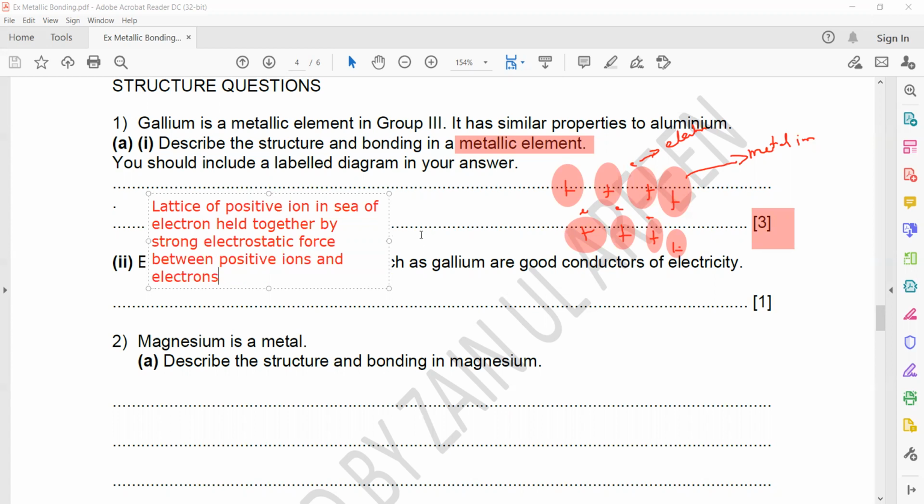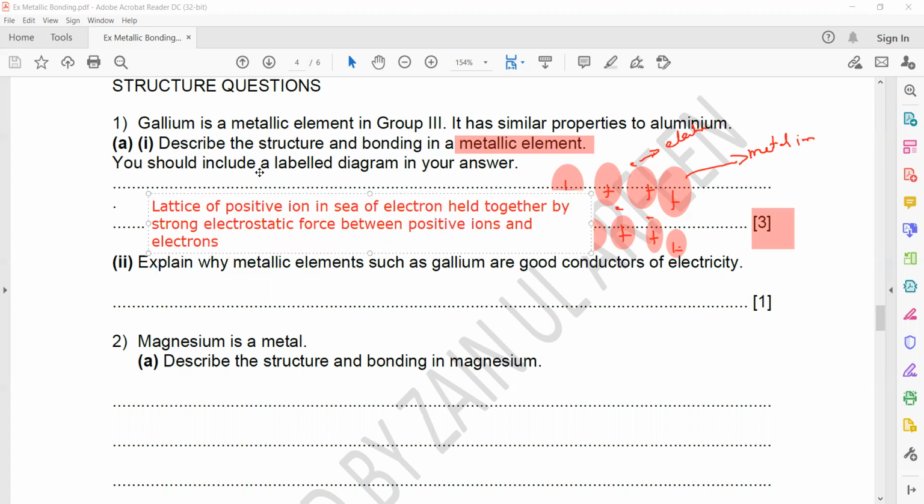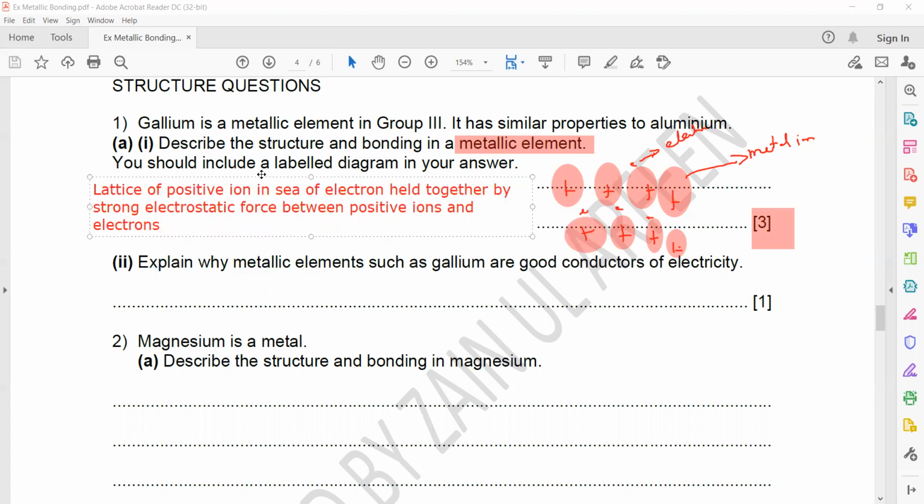Whenever there is a force between charges, like positive and negative charges, we call that force an electrostatic force.